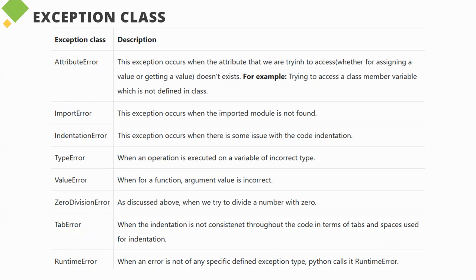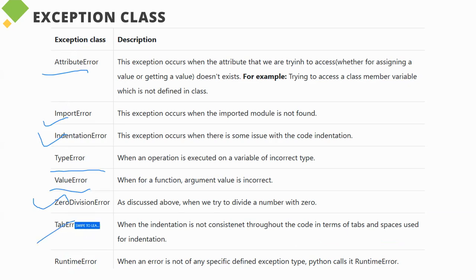So attribute error means the attribute is not specified, import error means the module is not found. Indentation error means your code has a problem with indentation. Type error occurs when the variable is of an incorrect type. Value error occurs when the argument value is incorrect. Zero division error, as we discussed, occurs when dividing a number by zero.